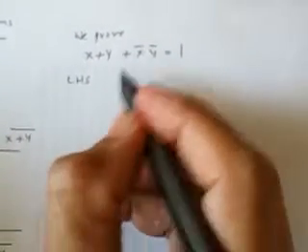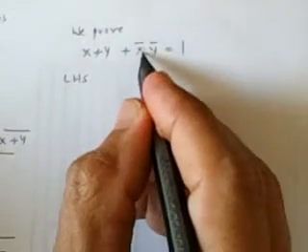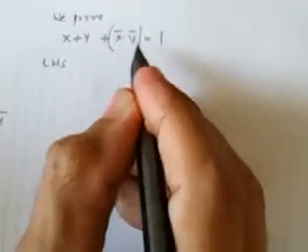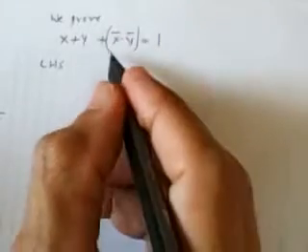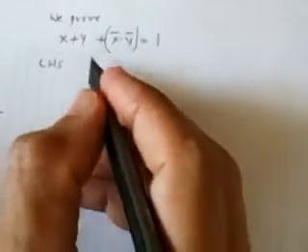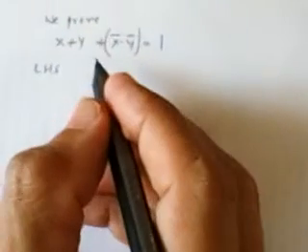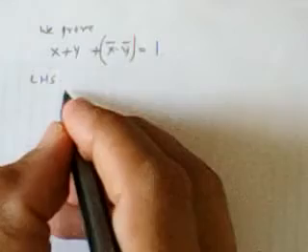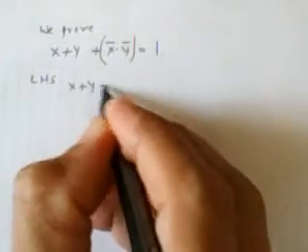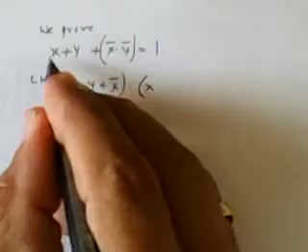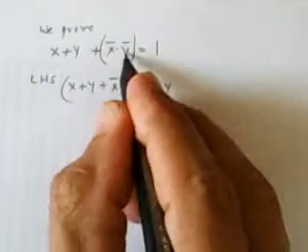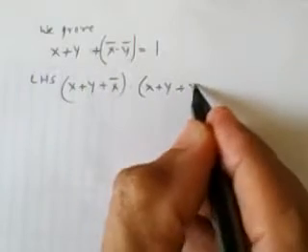LHS says that (x + y + x̄ · ȳ) is a whole term like this. Therefore, I will split with respect to dot. You have seen the previous theorem. Using one of them, I may write (x + y + x̄) whole into (x + y + ȳ).